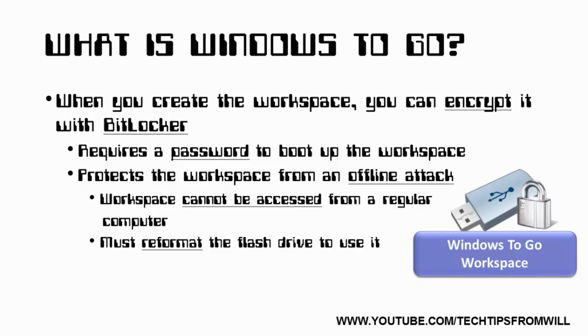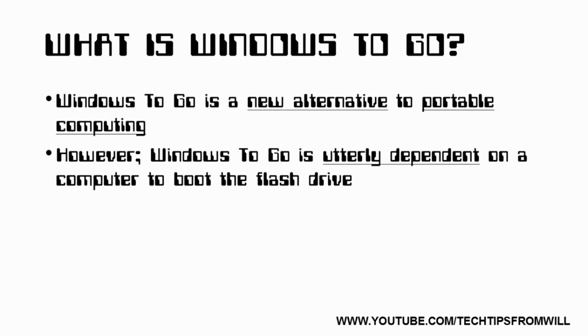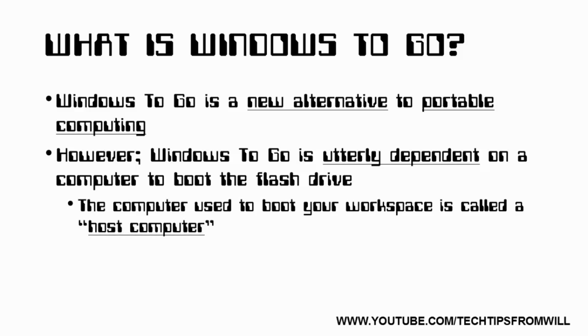As you have probably gathered, Windows to Go is a new alternative to portable computing. The only downside is that you are utterly dependent on having a suitable computer to boot the flash drive. In Microsoft terminology, the computer used to boot your Windows to Go workspace is called a host computer.